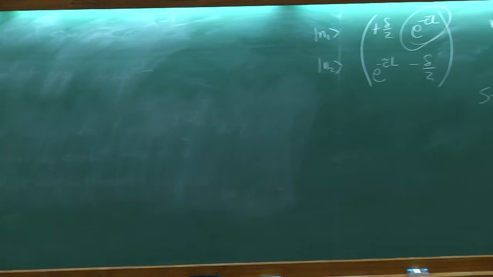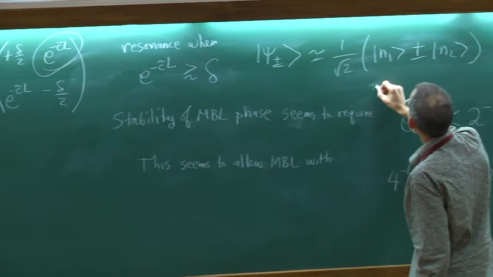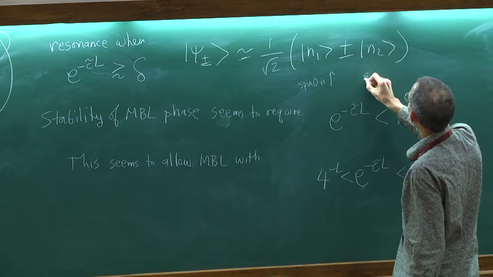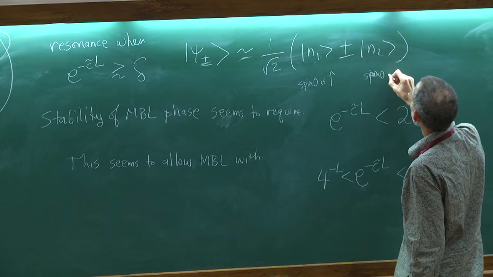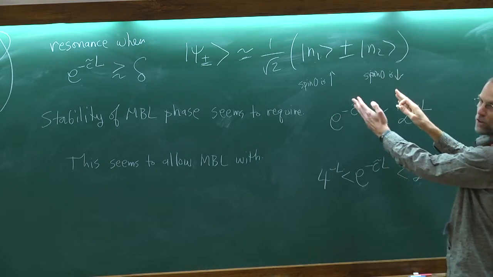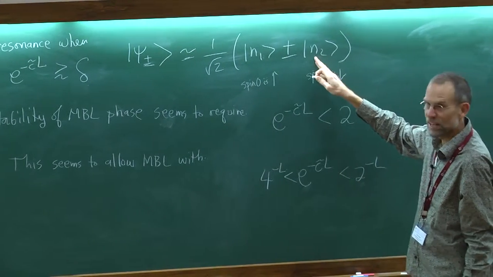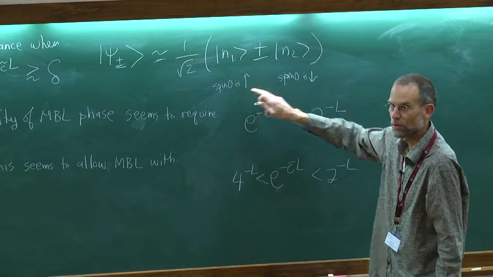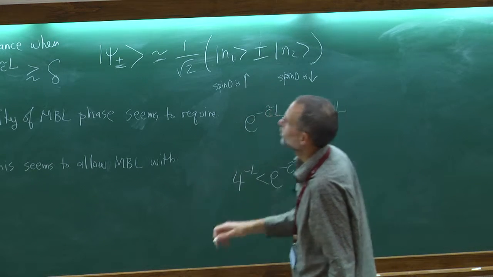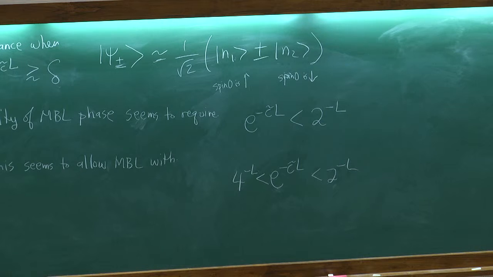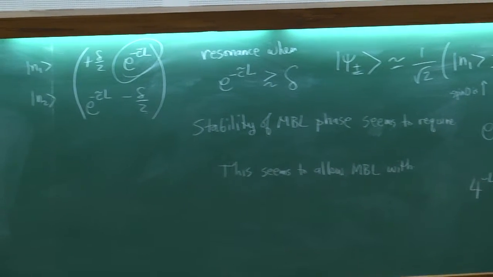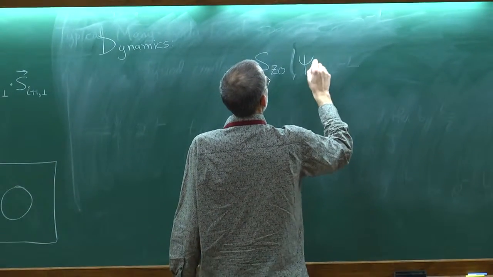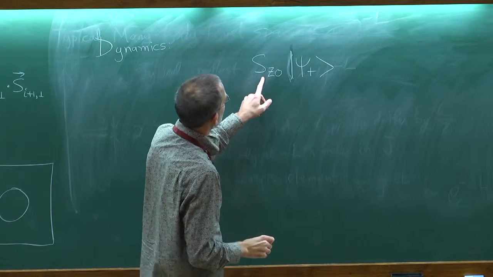And let's say some particular spin, spin 0, is up in N1 and down in N2. There's a whole bunch of other spins that also flip between the two configurations. Let's look at a particular one. And so when you have a resonance, that operator, SZ0, operating on psi plus, what does that give?